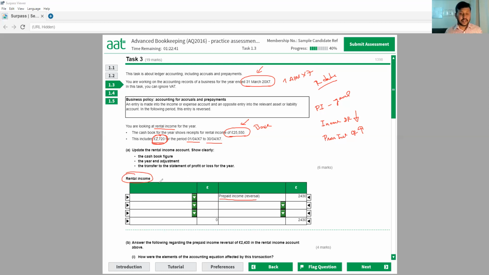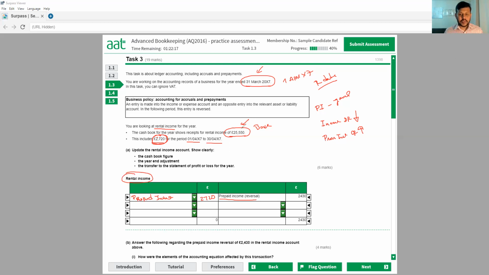We have to reduce the income, so in the rental income account we write prepaid income, 2,720. Because rental income is normally a credit, I make it a debit now because I want to reduce it by 2,720.